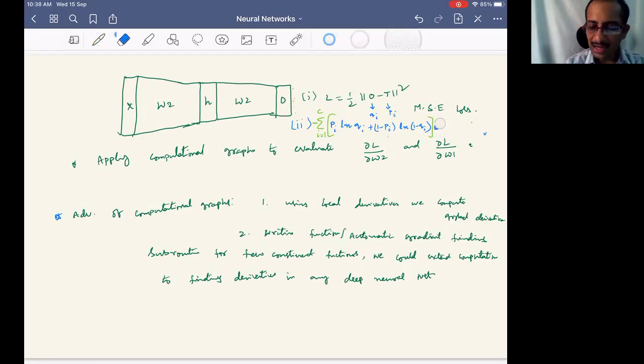So we have seen two different loss functions. Now we would like to introduce one more loss function. Let me also put this as loss. Even with cross entropy loss, we can use this loss function at the output and apply the computational graphs to find the gradients.